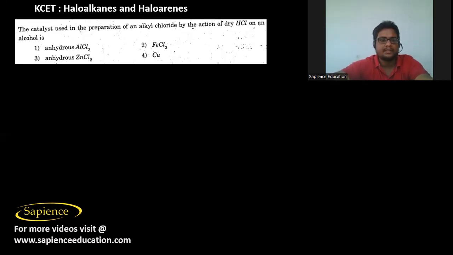Then here it is said that the catalyst used in the preparation of an alkyl chloride by the action of dry HCl on alcohol is.